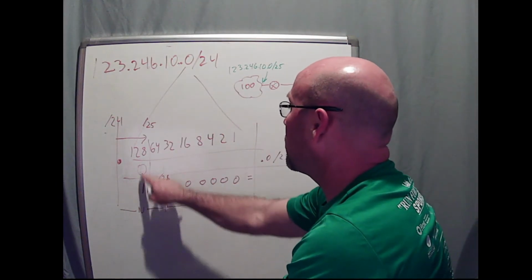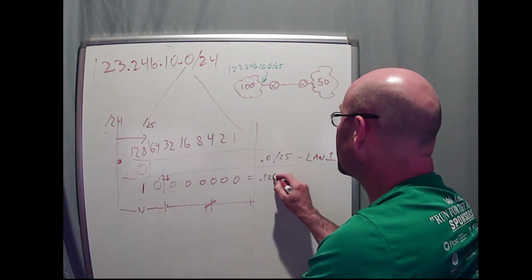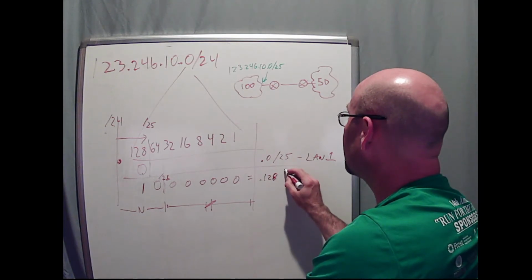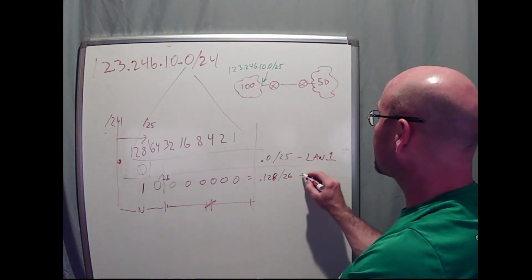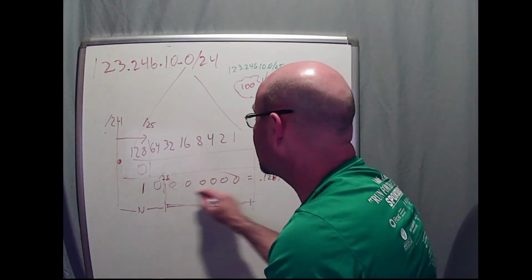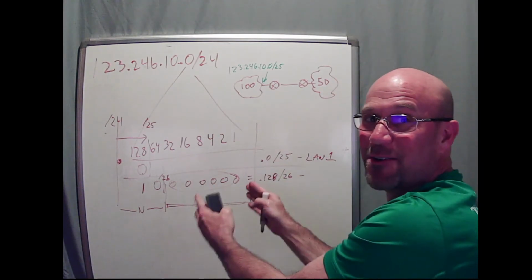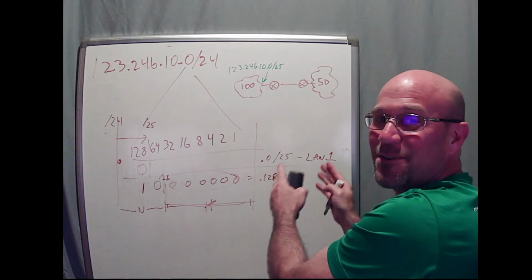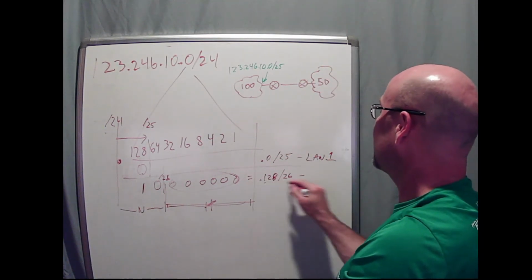So this is 128, there's no others. So this first position is 128/26, and that is the net ID. Remember, all host bits, when set to 0, is known as the network ID. So it's known as the net ID, but to get it back to its decimal form, I'm just reiterating, you have to add up all 8 bits. So that's 128.